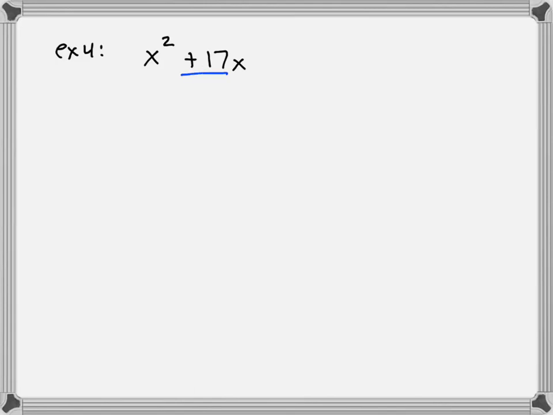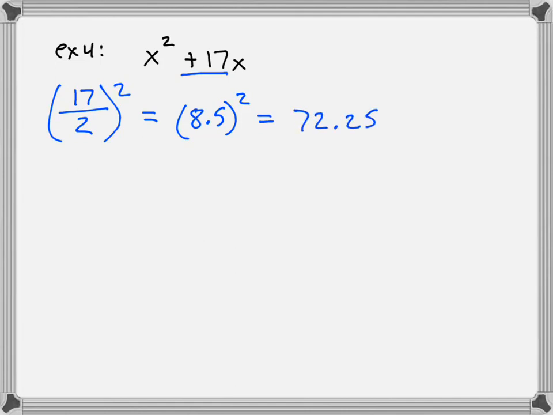What is my b value? My b value happens to be 17. We are going to still divide that by 2 and square it. So 17 divided by 2 gives me 8.5, and 8.5 squared gives me 72.25. So if we were to factor this, the missing piece that we needed on an x squared plus 17x to make it a perfect square trinomial is that 72.25.